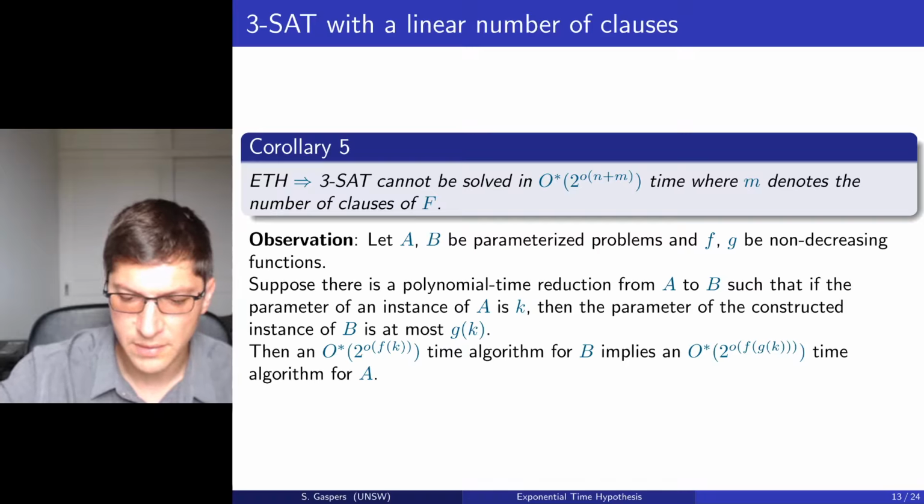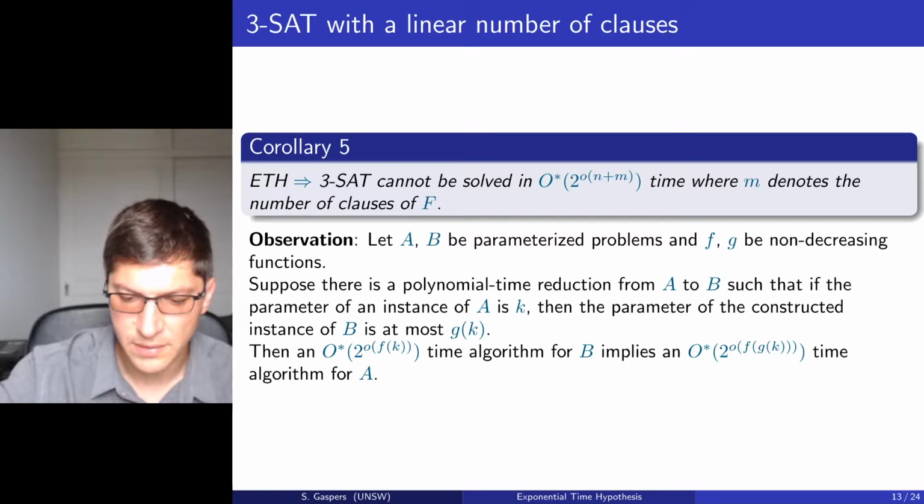So now, if B has a sub-exponential time algorithm, then of course every query to B can be replaced by a sub-exponential running time, and the overall running time, excluding these oracle calls, is also sub-exponential.